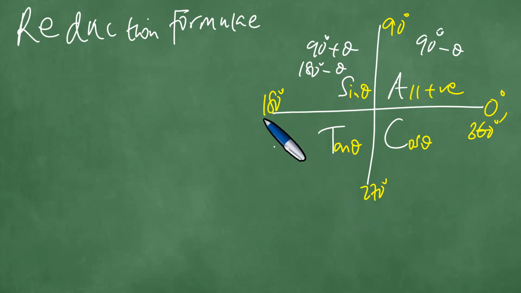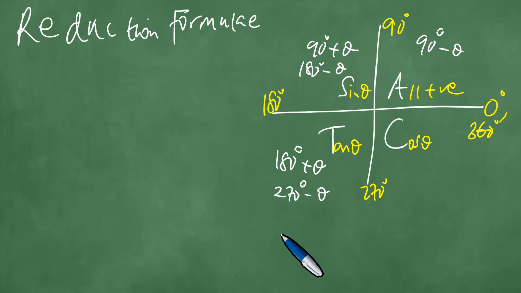If you're at 180, moving towards 270 is 180 degrees plus. But if you're at 270 and want to go back, you reduce 270, hence the reduction formula, you subtract theta. Okay, good. Let's continue quickly. I want us to look at this diagram and make sense of it. I'm going to engage you a lot here because I want us to look at the basics, since some of you might not have quite covered the basics in school yet. So let's look at these very carefully.